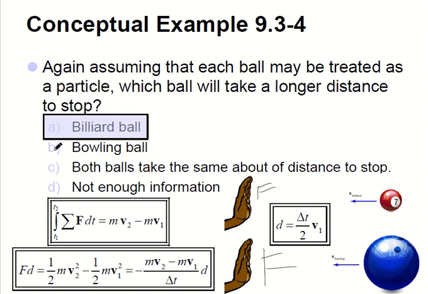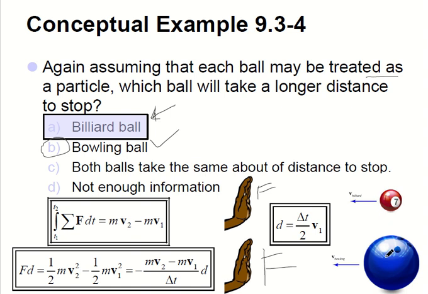So I would go with B, okay, again in this question. This one I feel is wrong, because a billiard ball has a smaller mass if we treat it as a particle and also consider the mass differences.